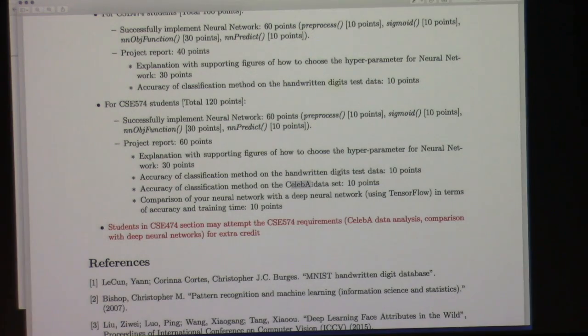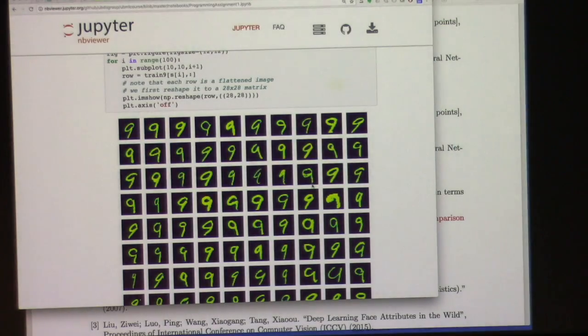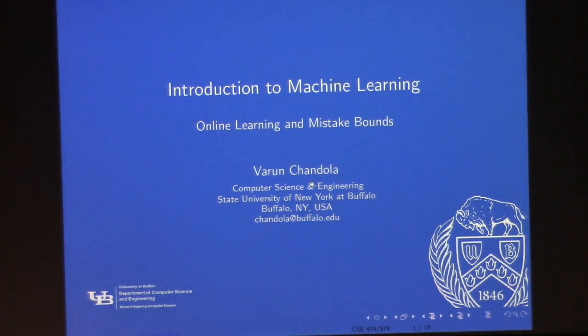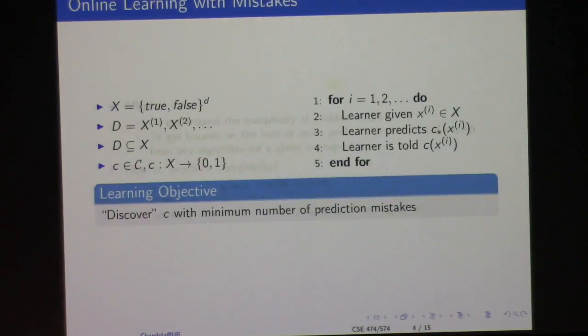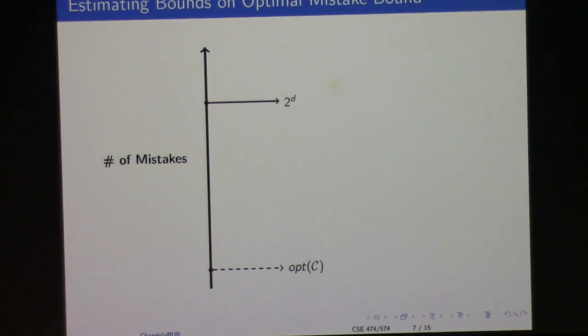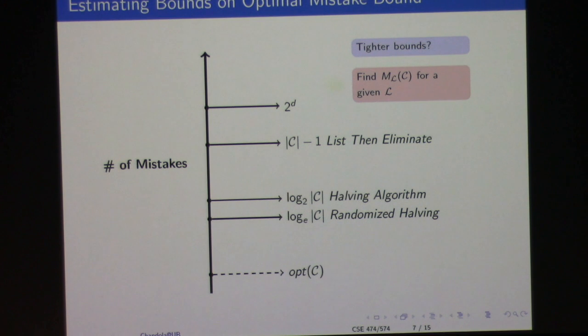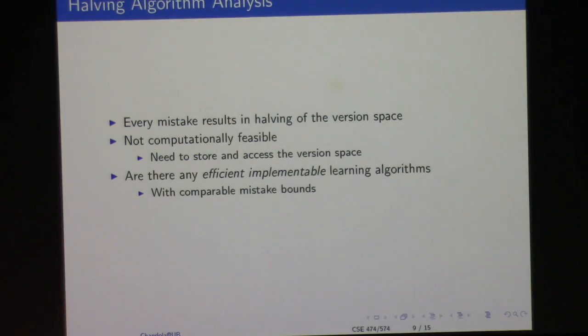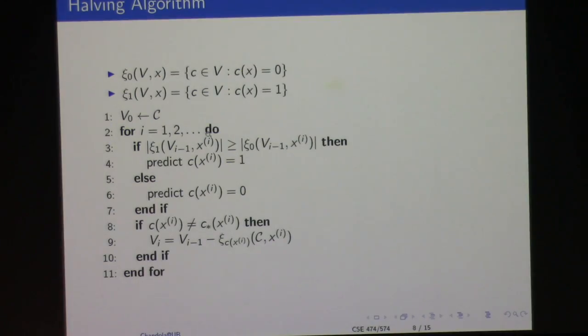Alright, now let's get started with the main part of today's lecture, which is continuing with Winnow. In the last class, we were trying to understand these mistake bounds. The point we stopped at was that for any concept class, it could be disjunctive, there is one general algorithm, the halving algorithm.